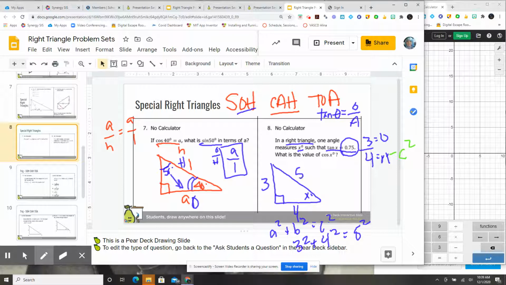So this is going to be a 5. And then it's asking me ultimately for the cosine of X. Cosine is adjacent over hypotenuse. So if I'm looking at the X, this is the O, this is the A, this is the H. So if I want adjacent over hypotenuse, that fraction is going to be 4/5.